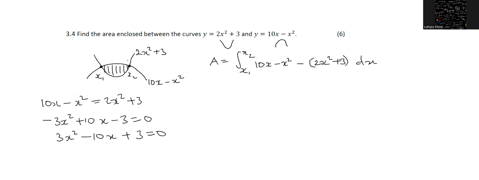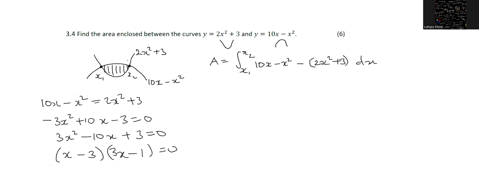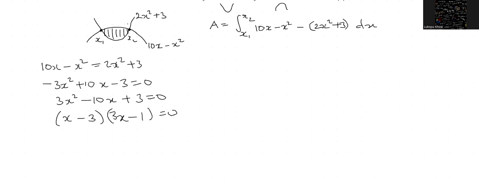When you add them, the answer is minus 10. Okay, so this is what you get when you factorize it. Then this means x minus 3 is 0, so x is 3. And 3x minus 1 is 0. This means x is 1 over 3.